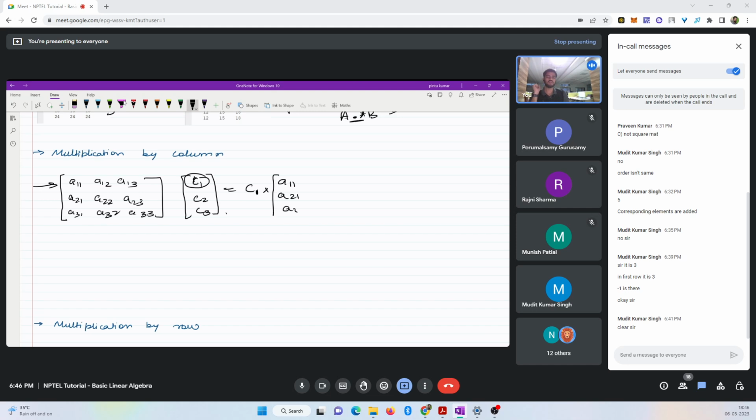A21, A31. Then to this you add C2 multiplied with the second column. Okay. Then you add C3 multiplied by the third column.